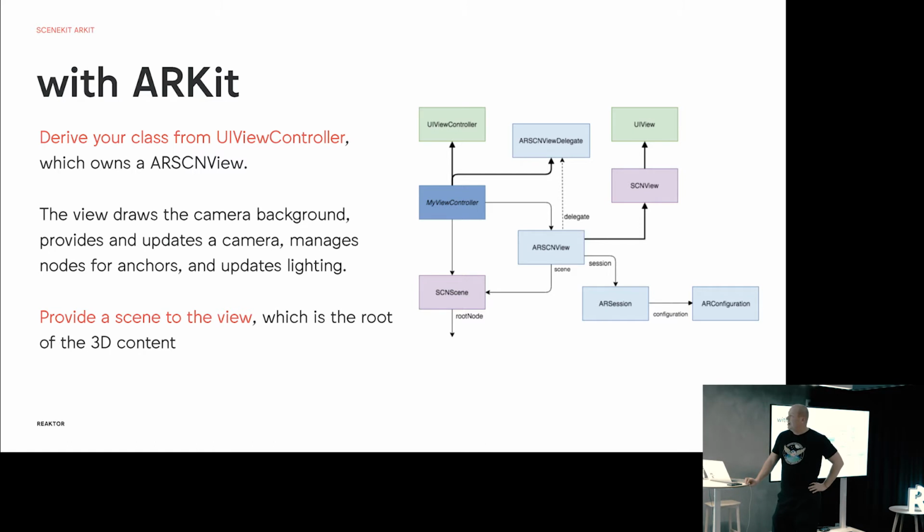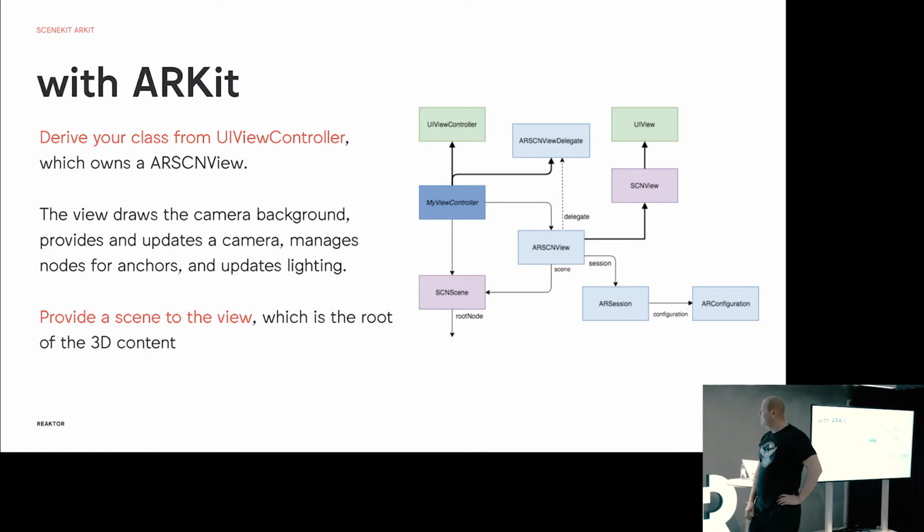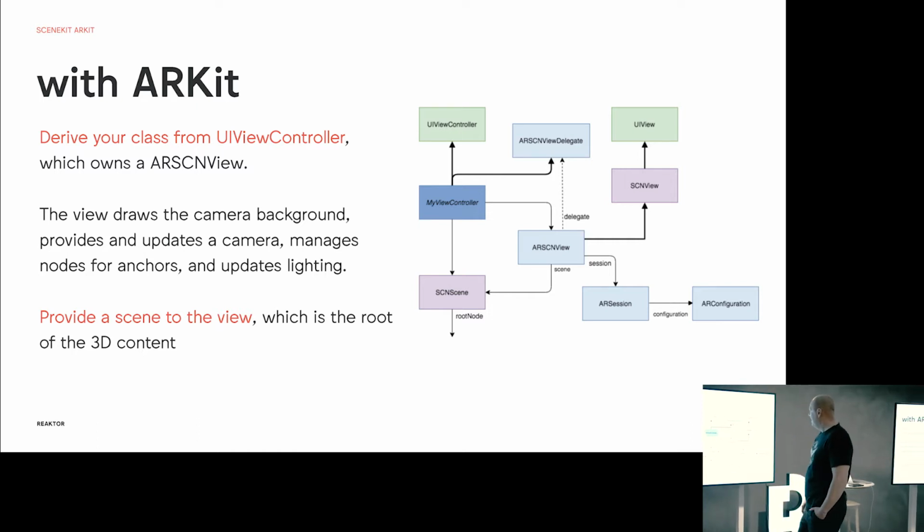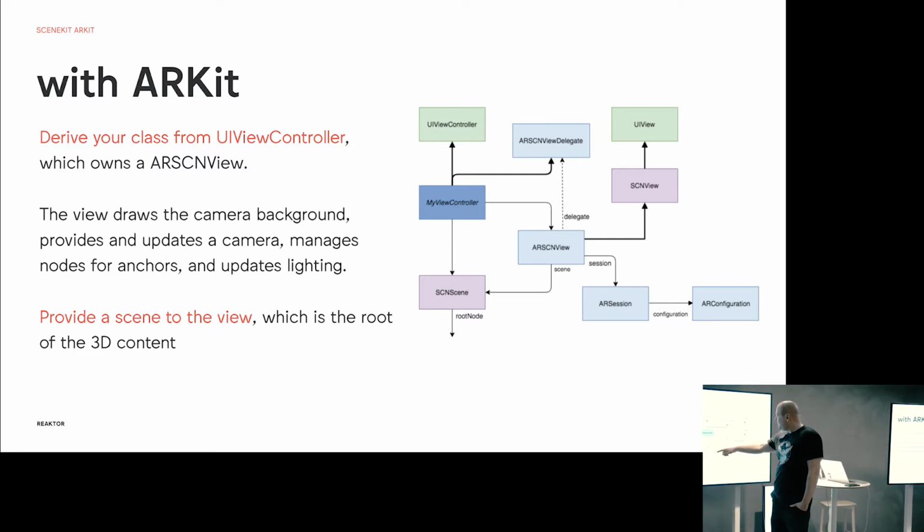Then something about the ARKit architecture. To do something basic, you only need to derive from UIViewController. This MyViewController represents that. Then you need to have an SCN scene, which is the root of the content.